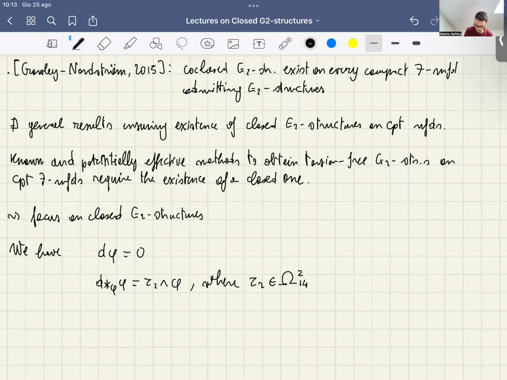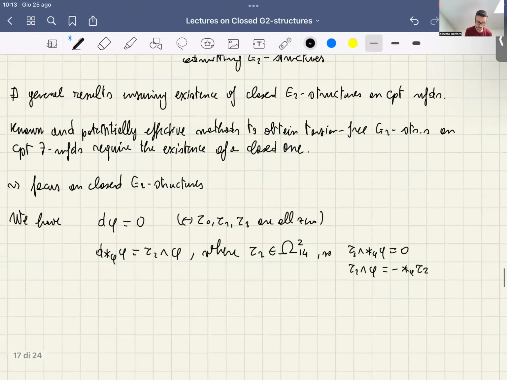So in particular, this means that by definition, tau 2 wedge star phi is equal to 0, and tau 2 wedge phi is equal to minus the Hodge dual of tau 2. And just observe that this first condition tells you that, of course, the remaining intrinsic torsion forms are all 0.